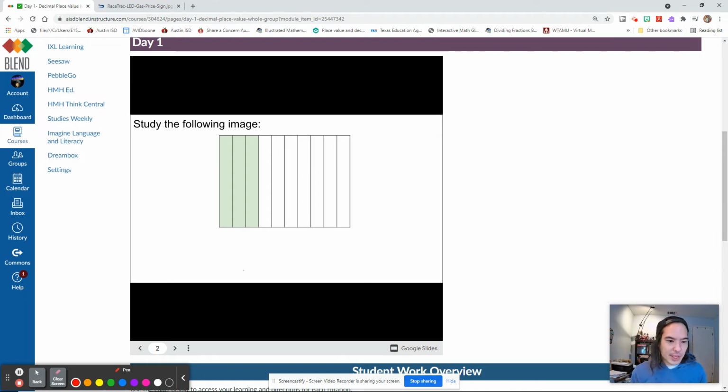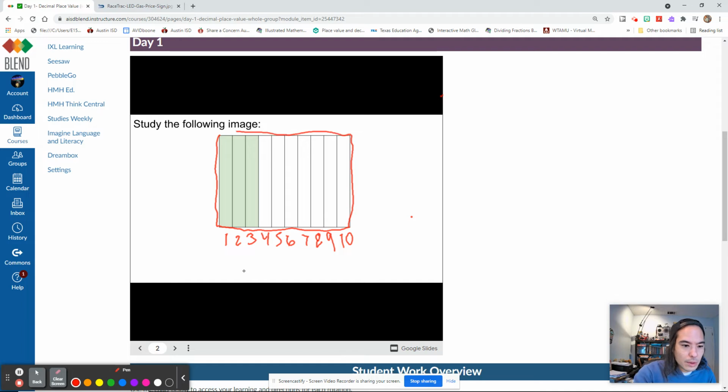So when we look at this picture right here, let's count the pieces. We have 1, 2, 3, 4, 5, 6, 7, 8, 9, 10 pieces. So if this is our one whole, then that means we have 10 tenths that we're looking at.